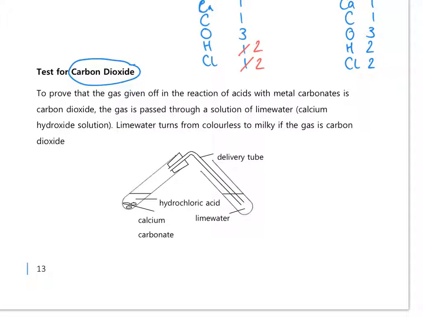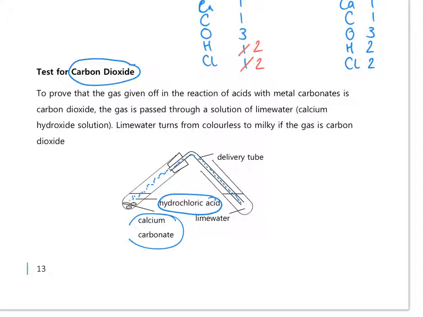The test for carbon dioxide is not the Squeaky Pop test, but instead it's lime water solution. So you can see here I've got exactly what my second reaction was, calcium carbonate reacting with hydrochloric acid. And what happens is the calcium carbonate will start to fizz because it's producing carbon dioxide. That carbon dioxide will come up, it will pass through this delivery tube and into the solution of lime water.